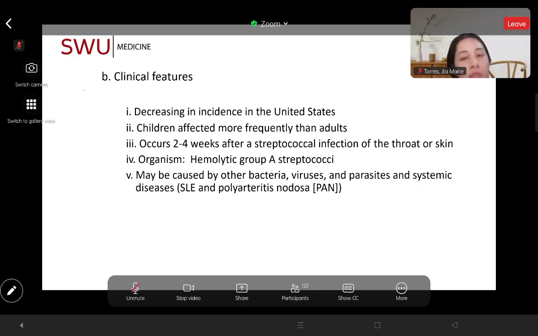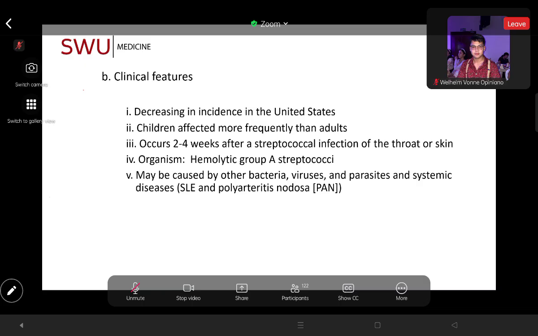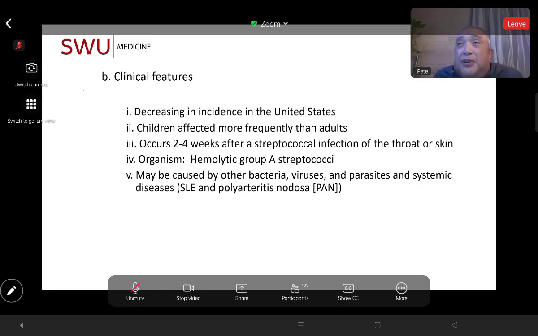History, Doc. History. Okay, history is correct. So if you are able to extract the history of previous infection before hematuria occurs, then that will give you an inkling that the condition is post-streptococcal glomerulonephritis. I would like to emphasize that the etiologic agent is hemolytic group A streptococcus. Okay? Do you follow me? That's the number one.